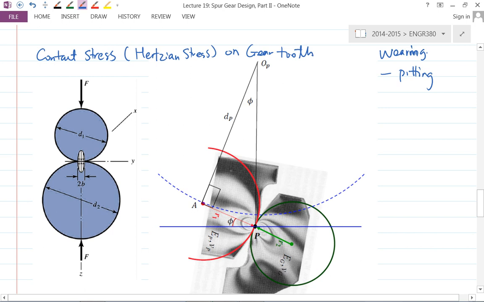Second is scoring. Scoring means if you don't lubricate it well enough, then you will have scoring, because of heat and other things. And the last one is abrasion.